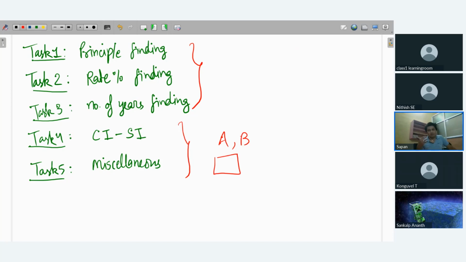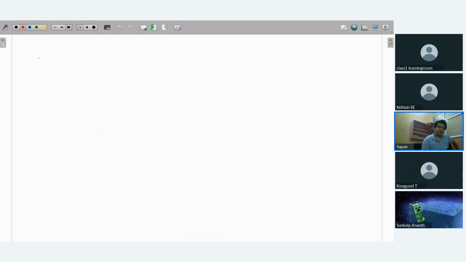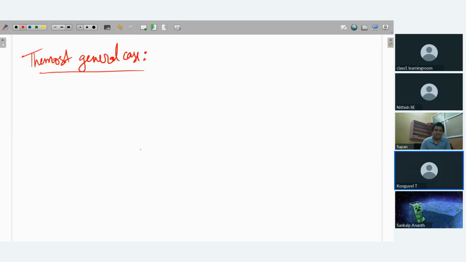So finally, how much amount is available for person A and how much for person B? So these situations could be there. The most general case is the following. If you are able to understand this, commercial mathematics is yours. The most general case is like this.